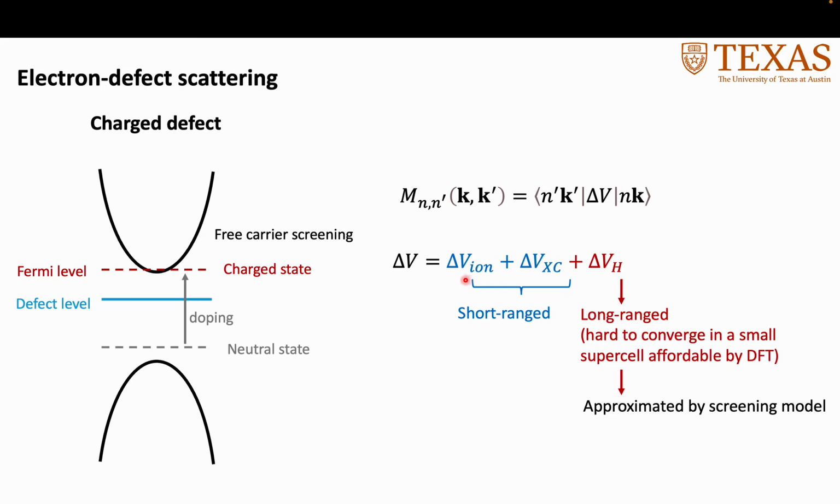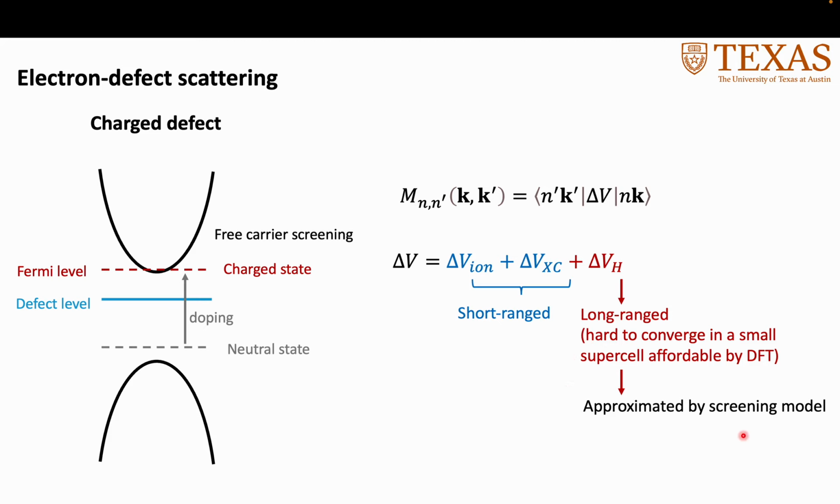The first two terms, the ionic term and the exchange correlation term, are still short range, so we can treat them the same as the neutral defect. But the Hartree potential difference is long-range because of the long-range Coulomb interaction, so it's hard to converge in a small supercell affordable by the DFT. So we need to do some approximations by some screening model.